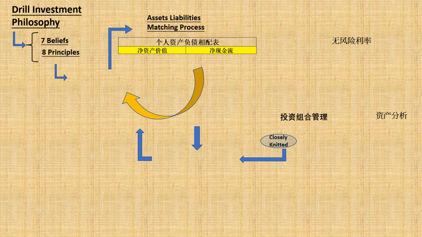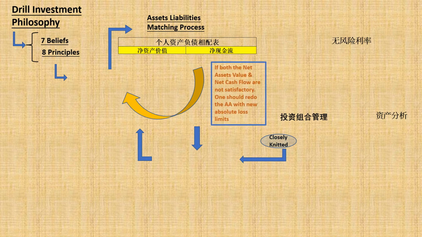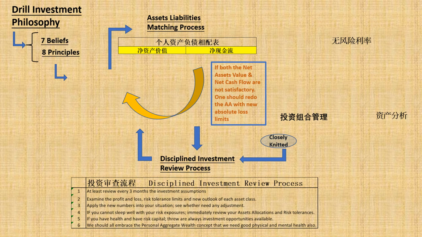Okay, so the asset liability matching process that we have just described enables you to find out the net asset value and net cash flow. After that, you still need to have a disciplined investment review process.